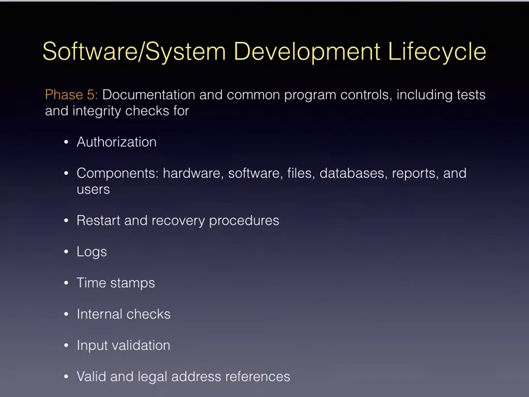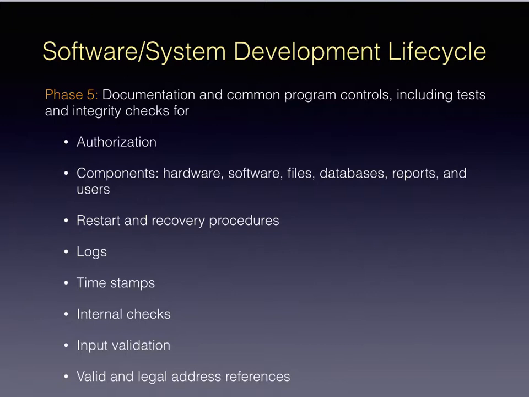Phase 5 includes documentation and common program controls. This is where we start testing. So we're testing authorization. Are we properly controlling what a user can do once they have access to the system? Components: hardware, software, files, databases, reports, and users.